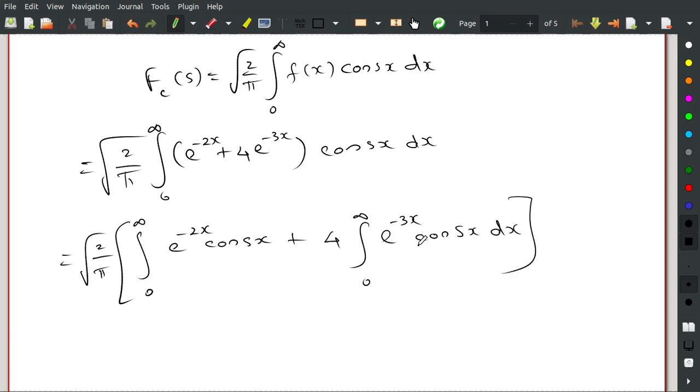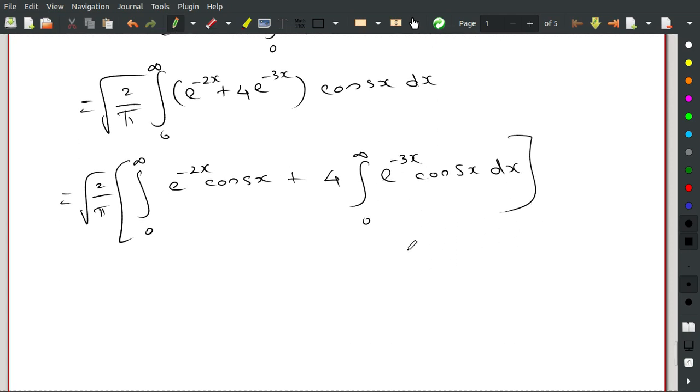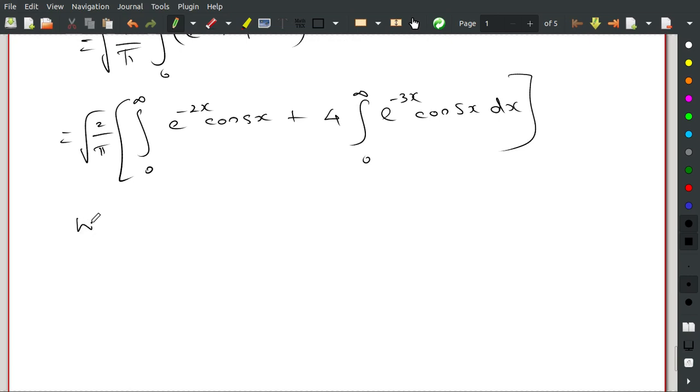Since we find this integral, we know that integral 0 to infinity e power minus ax cos sx equals a divided by a square plus s square.